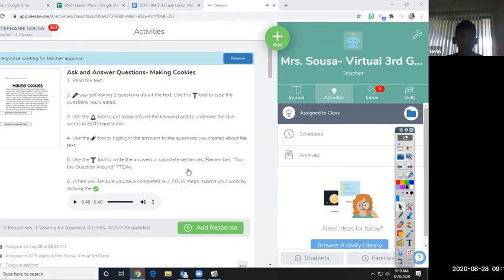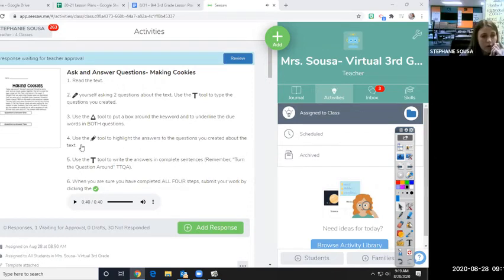Okay, so there are several points that I am taking today. This assignment has 2 points for each question. So question 1, question 2, that's 2 points. There's another 2 points for the boxes. Box in question 1 on the keyword, box in question 2 for the keyword. There's another point for underlining the clues in the question.